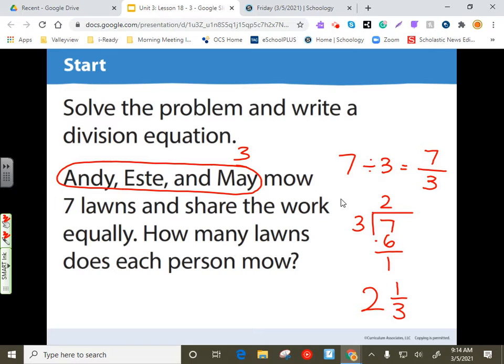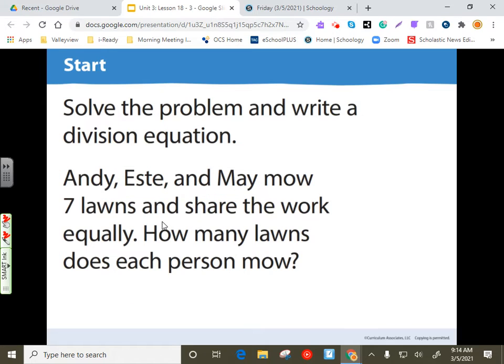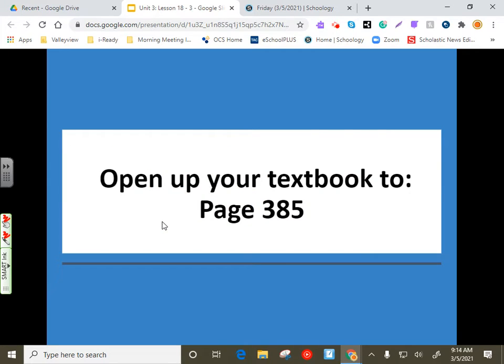So everyone does 2 1/3 lawns for that. And again, this is where we take that improper fraction and create this mixed number. And then I'll show you how to do the opposite, change a mixed number to an improper fraction, later on in the lesson. Okay, so turn to page 385.